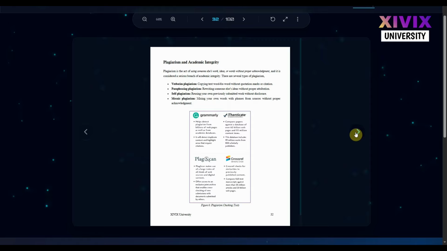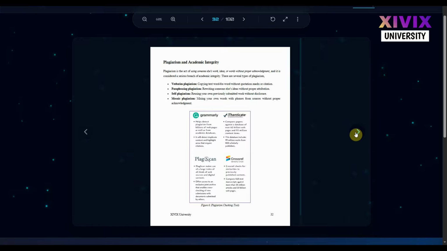It is all about mixing your own words with phrases from sources without proper acknowledgement. There are tools that help us detect plagiarism-related activities in your research works or assignments, such as Grammarly, Authenticate, PlagScan, and Crossref. Some of these tools require subscription for premium features.